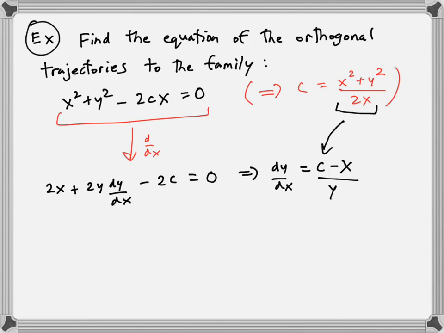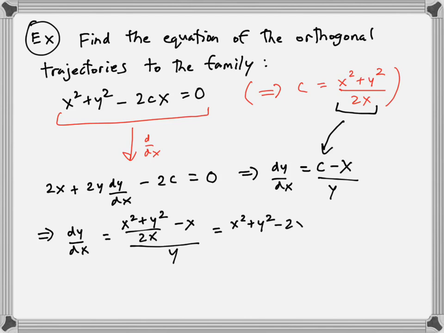We end up with x squared plus y squared over 2x minus x, all over y, or if we multiply top and bottom by 2x to clear out the common denominator, this is equal to x squared plus y squared minus 2x squared over 2xy.